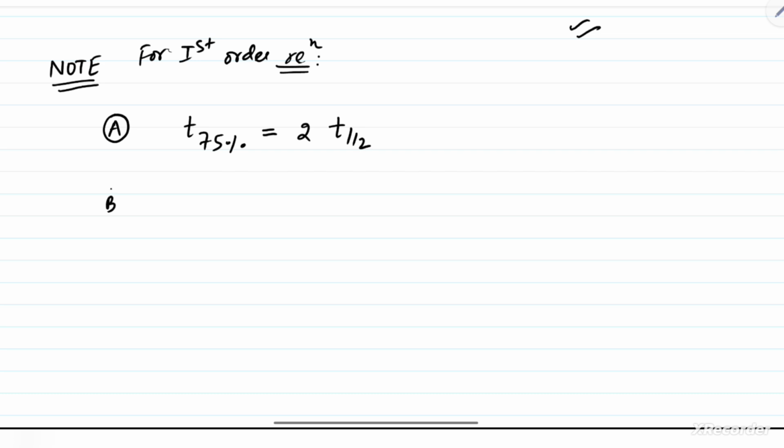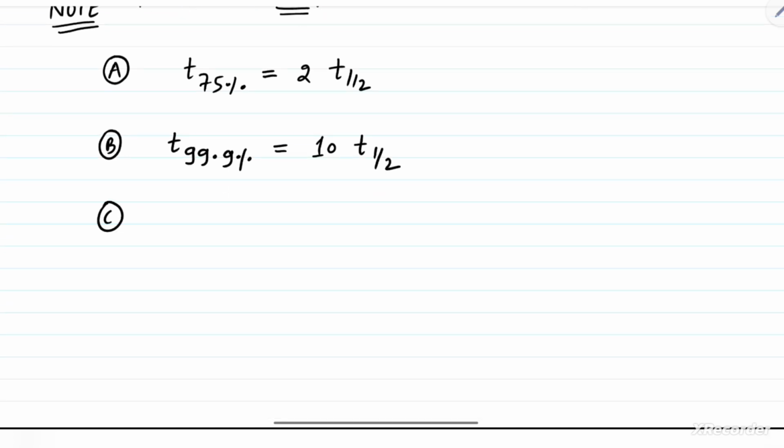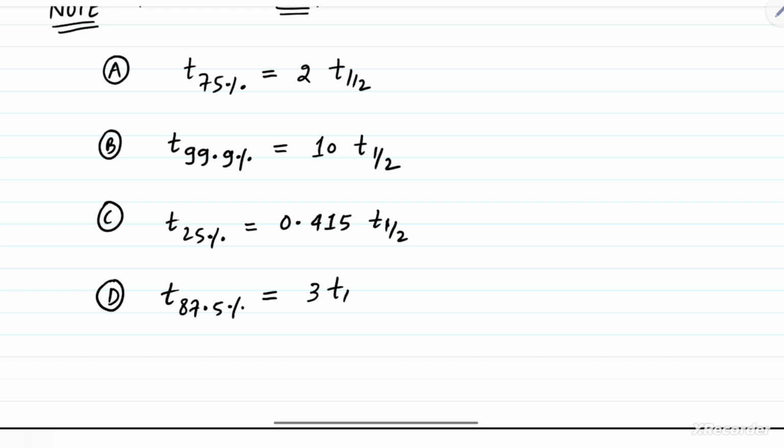Second relation is T 99.9% is equals to 10 times of T half. Third one is T 25% is equals to 0.415 times of T half. And the fourth one is T 87.5% is equals to 3 times of T half. These are the formulas, very important relations.